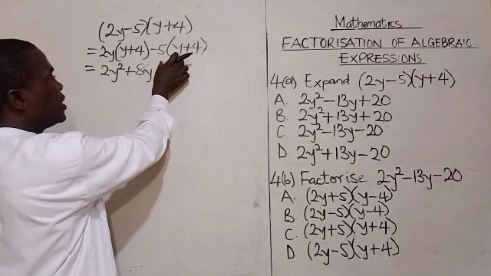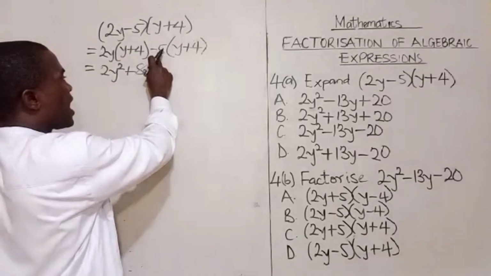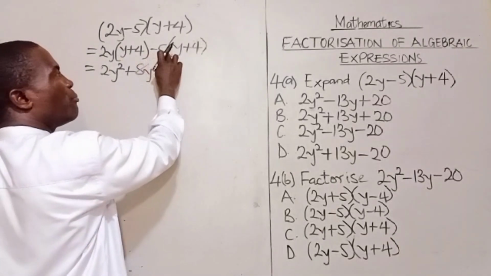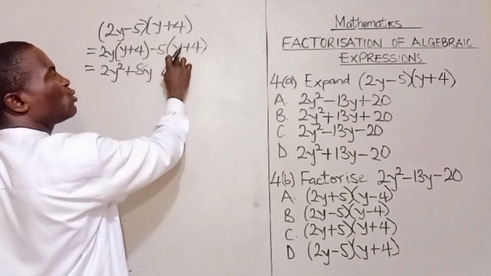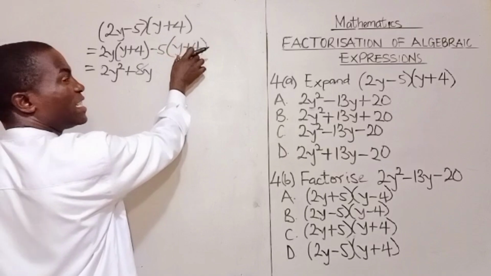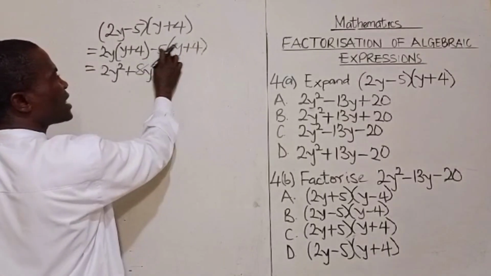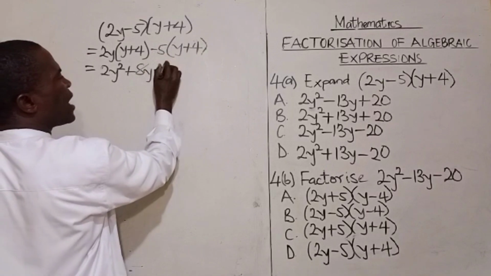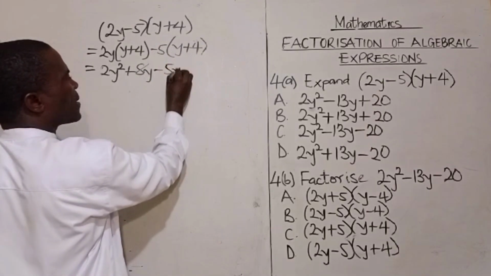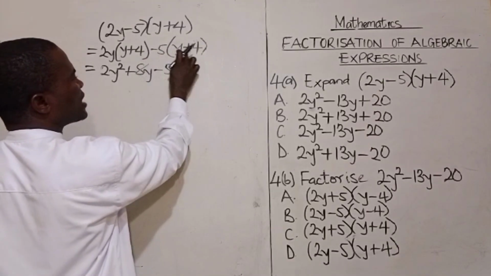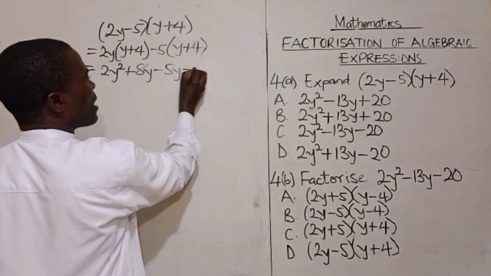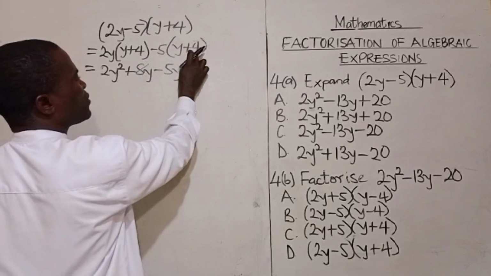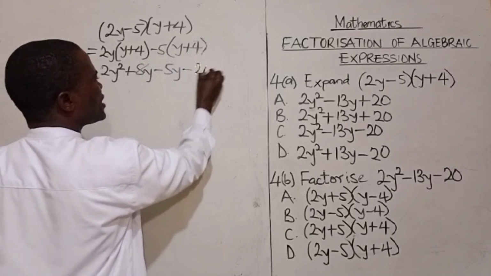Let's proceed with the second key. How this key can open the door and we can have access to each of the items that are inside the room here. Minus times plus, it becomes minus. 5 times y, we have 5y. Then we have minus times plus, it gives us minus also. 5 times 4, it gives us 20.